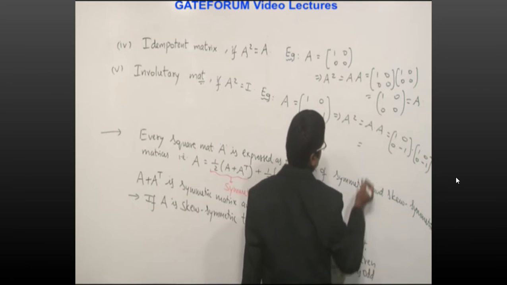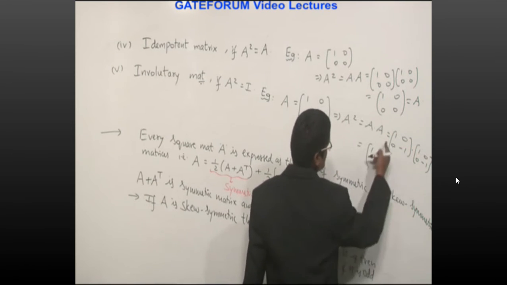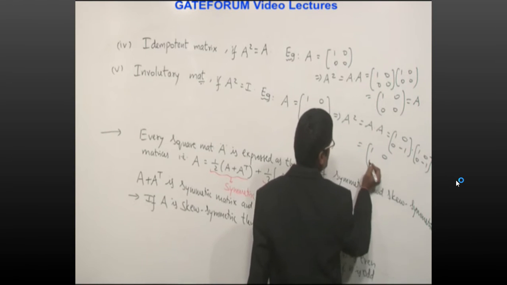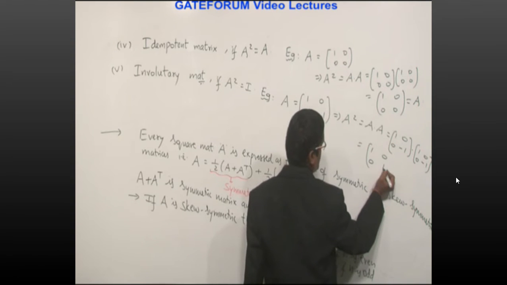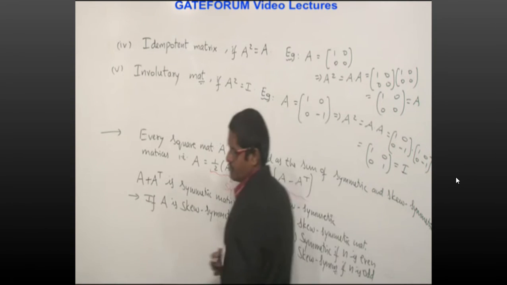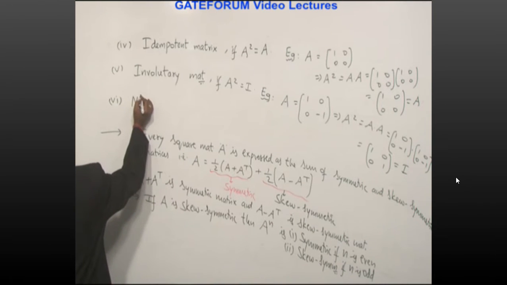First row into first column, 1. First row into second column, 1 into 0 plus 0 into minus 1, 0. Second row into first column, 0 into 1 plus minus 1 into 0, 0. Second row into second column, 0 into 0 plus minus 1 into minus 1, 1. So, identity matrix.